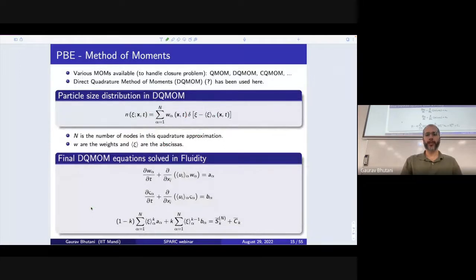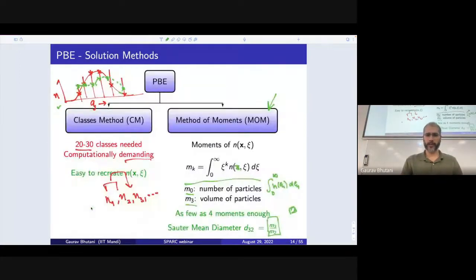But what happens is, let's stay on this slide. I need to write something. What happens is when you solve for the transport of, let's say, a kth moment, this del m by del t on the right hand side has terms which not just depend on the kth moment, but they also depend on, let's say, k plus 1th moment, k plus 2 moment, and so on.